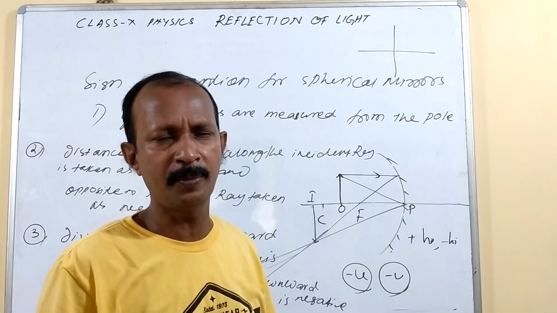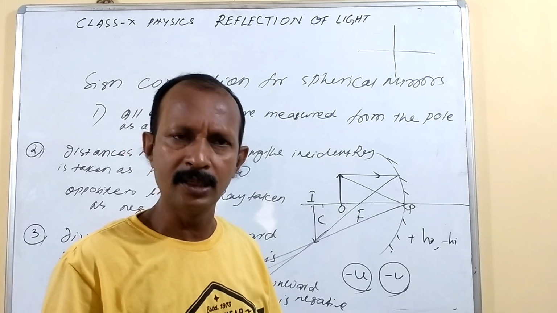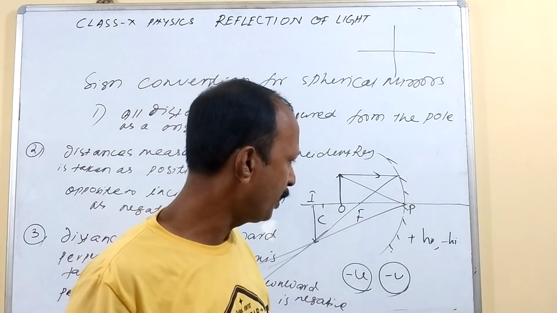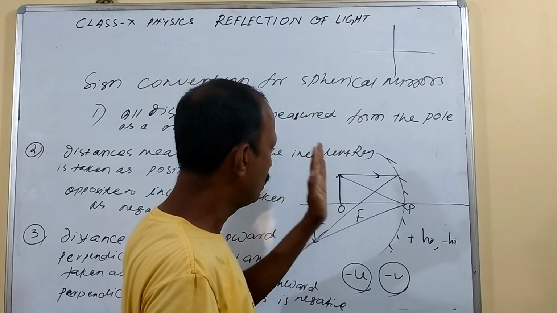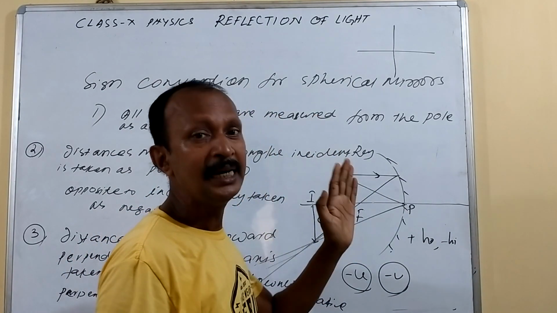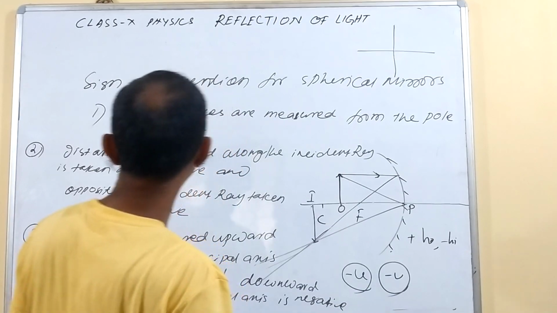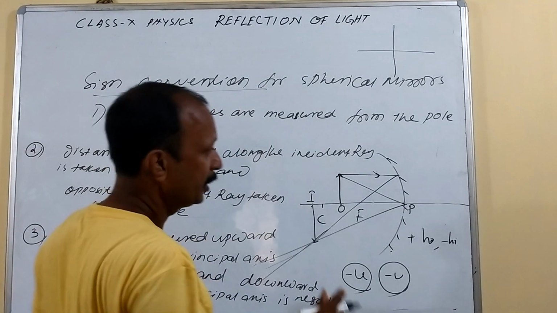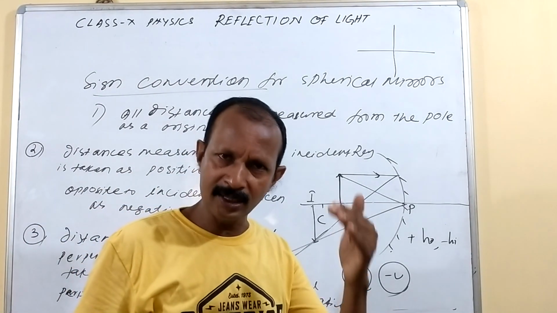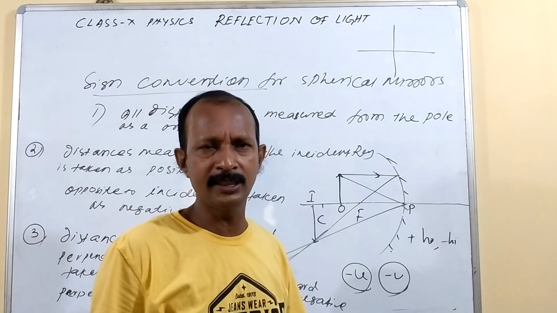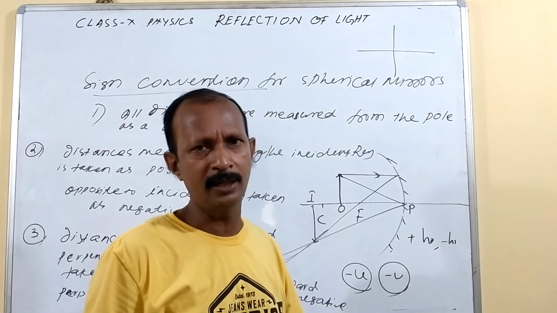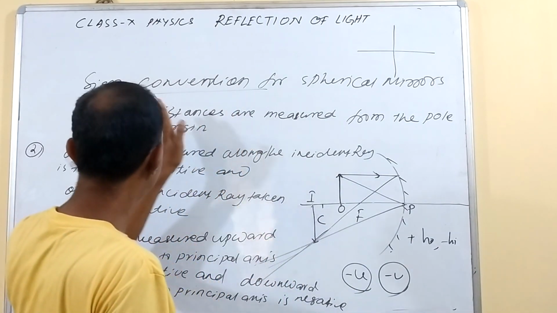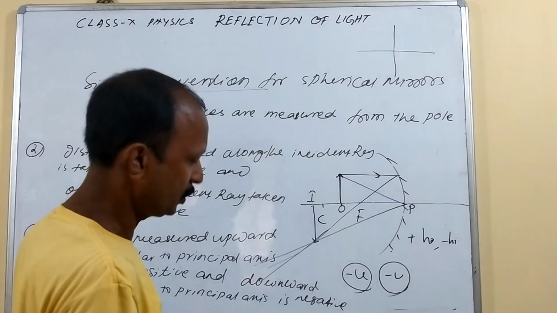Downwards, perpendicular to principal axis, negative. This is the common rule you can apply, but generally we use the object on the left side. This is sign convention. That means it is conventionally accepted. Nothing is inherently positive or negative. One side we have taken positive, another side we have taken negative. That's why it is called sign convention.